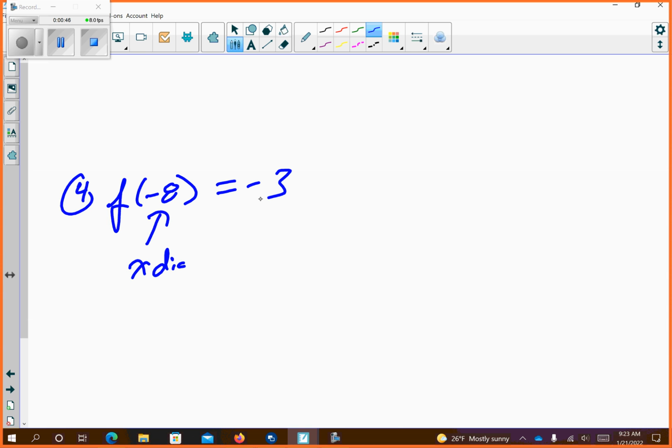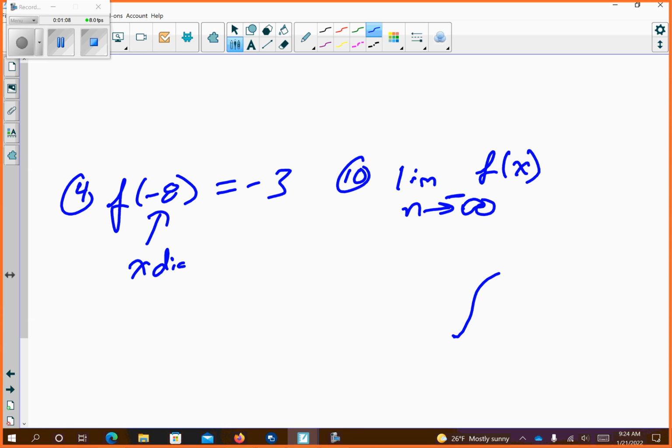What do you do for 10? Number 10 says the limit as x goes to -infinity of f of x. Okay, so the back part of the graph, you have the 0, and then it goes like this.